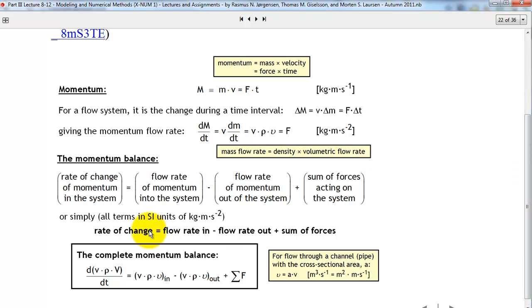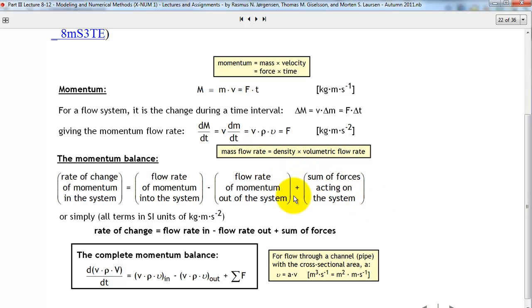So it's stated here, the rate of change in the momentum in the system is the same as the flow rate entering a system. If you imagine a surface, an area where something is entering and then it's leaving a little further back in the system, that will be an illustration soon.